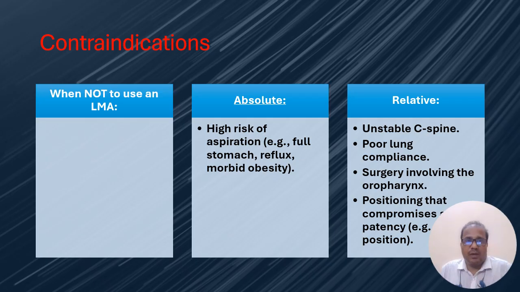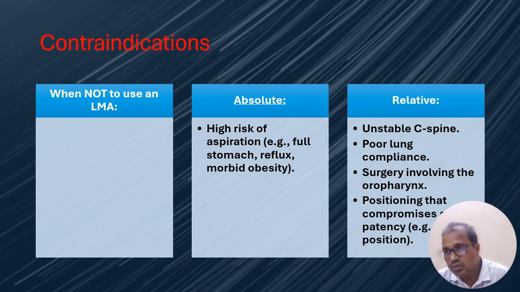In some conditions or situations we will never use the LMA. What are the absolute and relative contraindications? Absolute contraindication is where we will never try to use the LMA. This is the situation where there is a chance of aspiration, in a full stomach patient or morbidly obese patient.